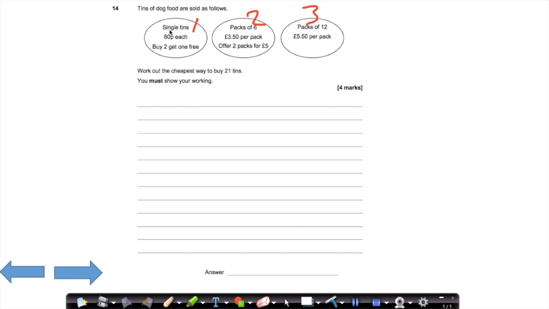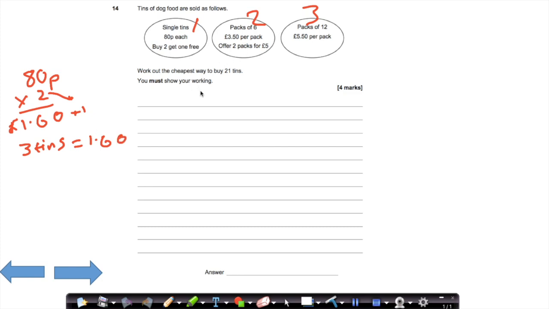So we've got an offer here which is 80p each, and if we buy 2 for £1.60, we actually get 1 more for free. So we can get 3 tins from the first offer for £1.60.